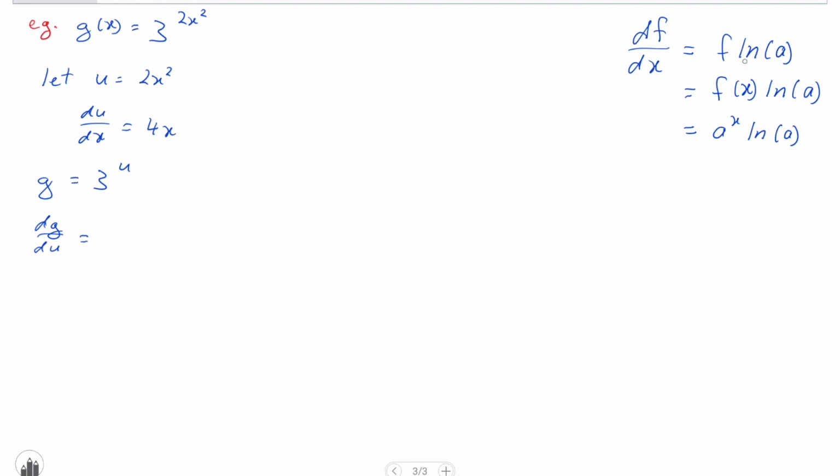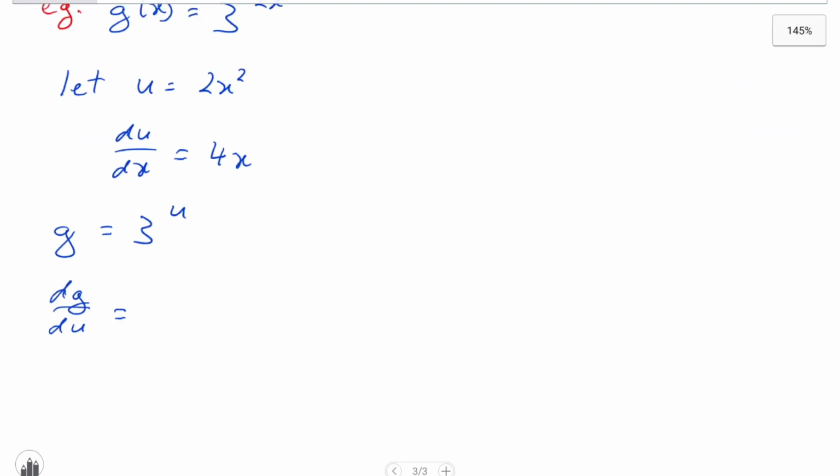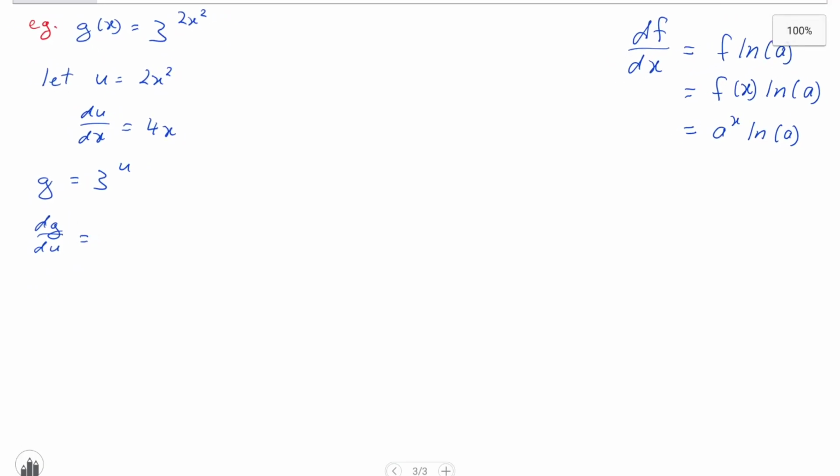Again, using the rule that we established earlier, that is just our value 3 to the power u times the natural log of a. So let's go ahead and plug those numbers in. That's 3 to the power u times the natural log of 3, which is, of course, equal to 3 to the power of 2x squared times natural log 3.